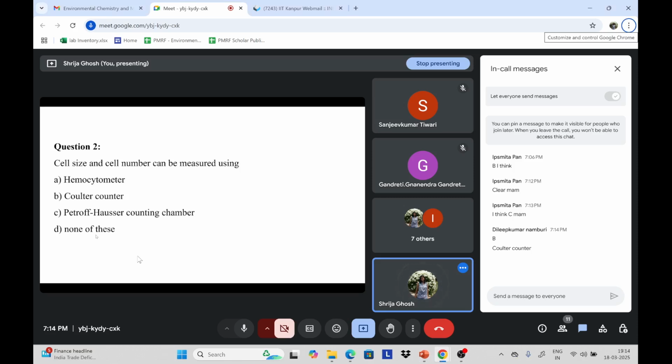Okay. Dilip Kumar says option B, Coulter counter. Okay. Anyone else wants to answer?